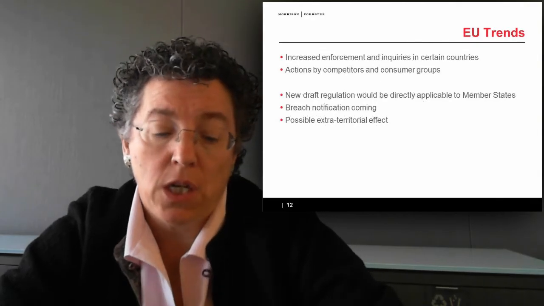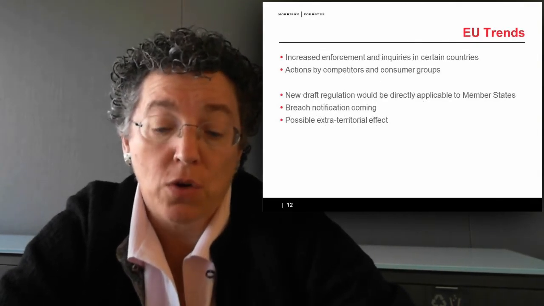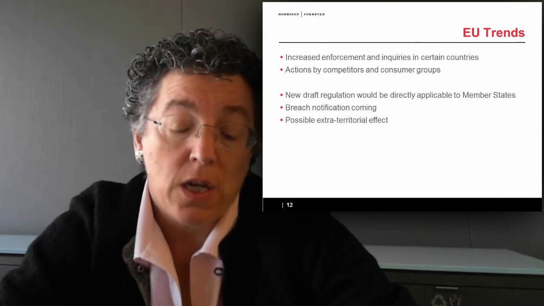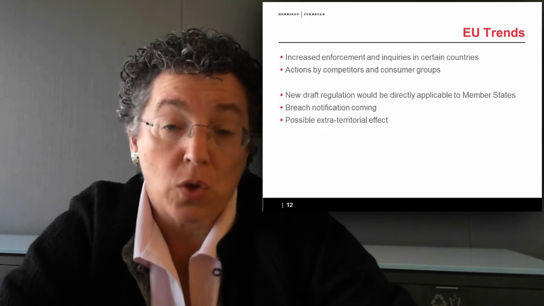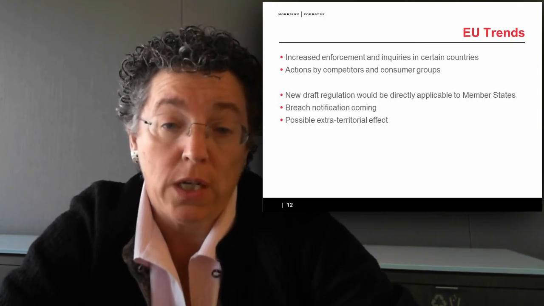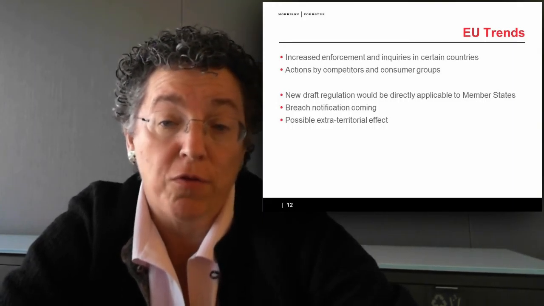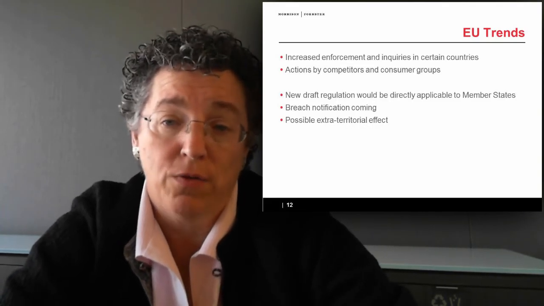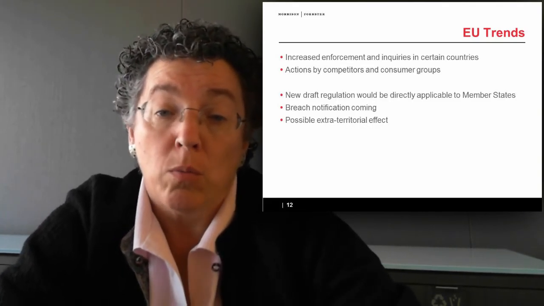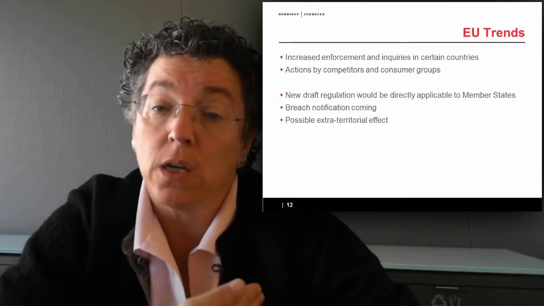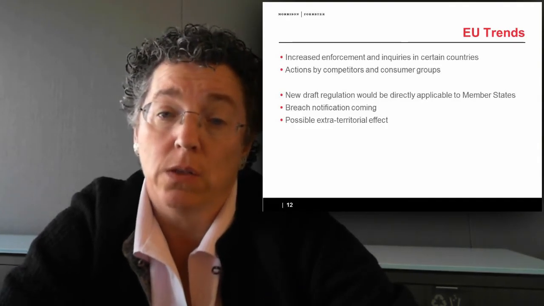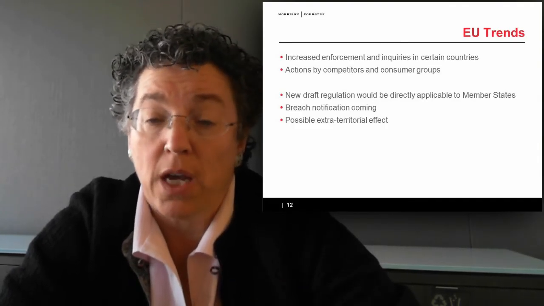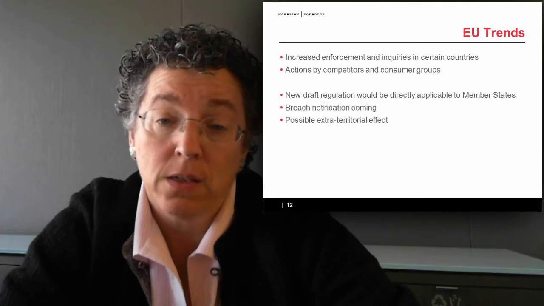Trends that we're seeing in the EU is, as I mentioned, an increase in enforcement and inquiries in certain countries. So, for example, in Germany, in the Netherlands, in France, we're seeing the data protection authorities being much more active, doing things more like audits, going to companies and asking follow-up questions, bringing enforcement actions, and levying fines.